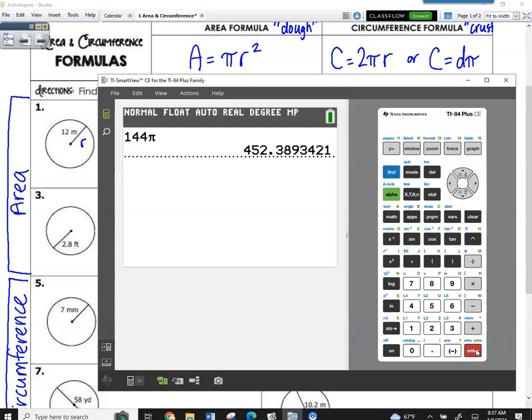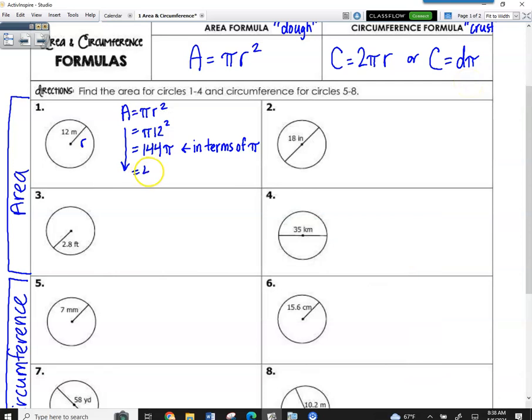My calculator shrunk. Let me make that calculator bigger. Y'all stay with me, please. There we go. And we're going to go to the nearest hundredth. So 452 point, if I'm going to the hundredth, then I check the thousandth number, so 0.39. 452.39.